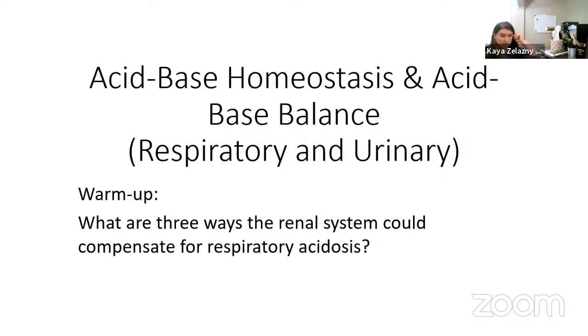Okay, so hopefully you have had a chance to jot down a couple thoughts or look back in your notes. We're trying to think up the ways that the renal system can compensate for respiratory acidosis. Now, hopefully we remember that this question is really asking about the pH of blood, the pH of plasma.